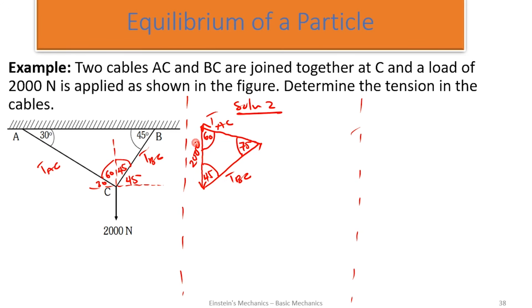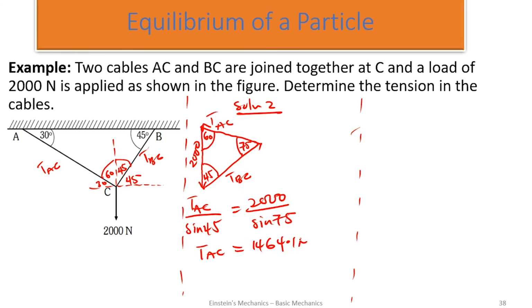Are we good? So using the sine rule, remember the vertical one is 2000. So I want to find TAC. Can I say TAC on sine the angle opposite to it, 45, should be equal to 2000 on sine 75. And upon making TAC the subject, I'm going to get TAC to be 1464.1 newtons.